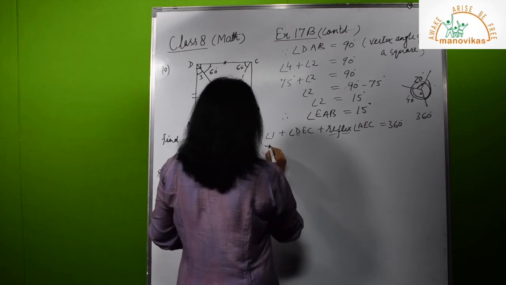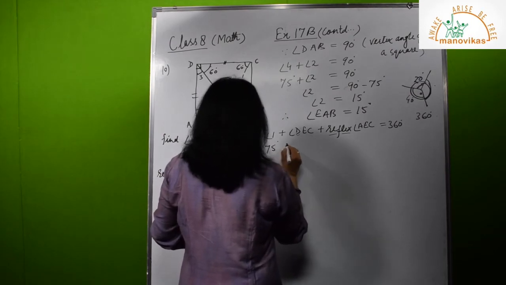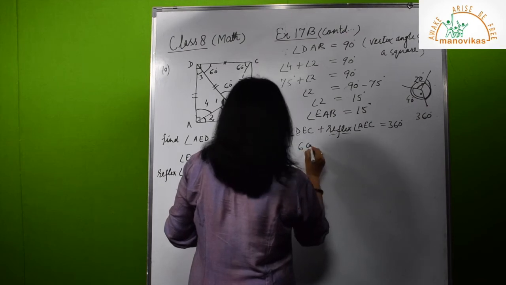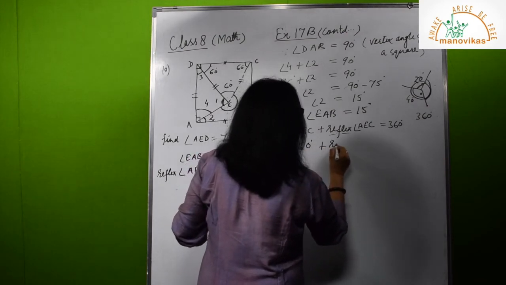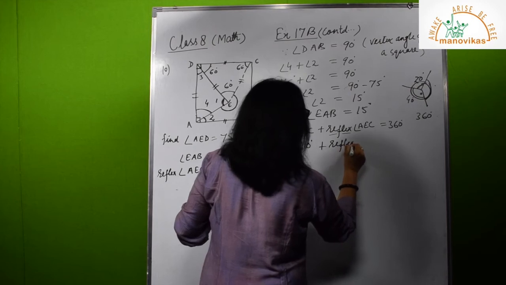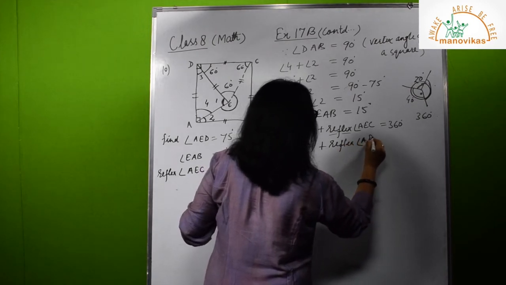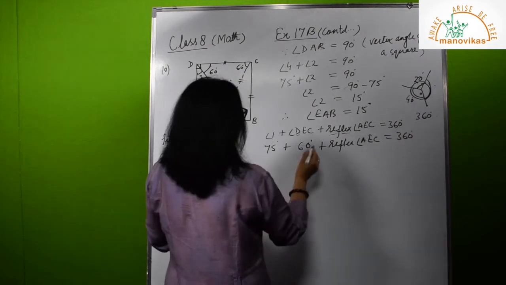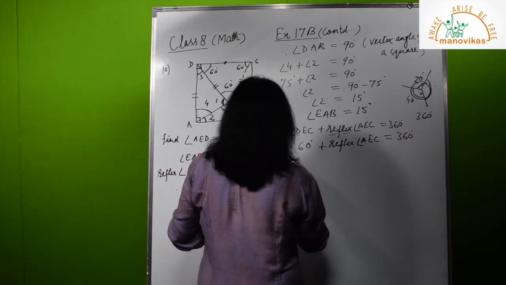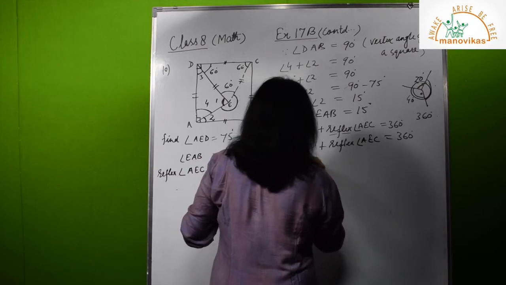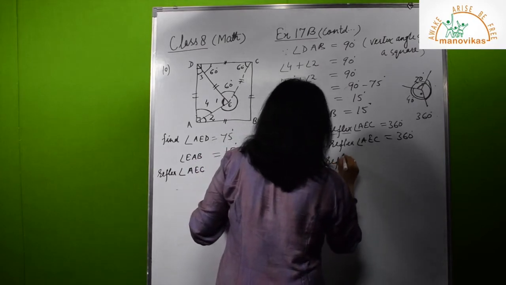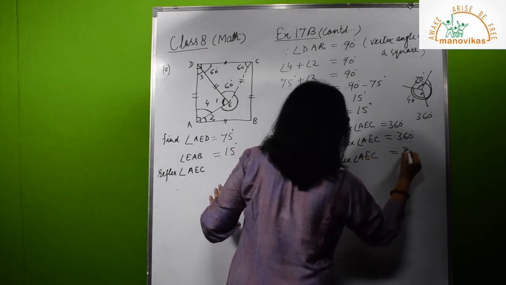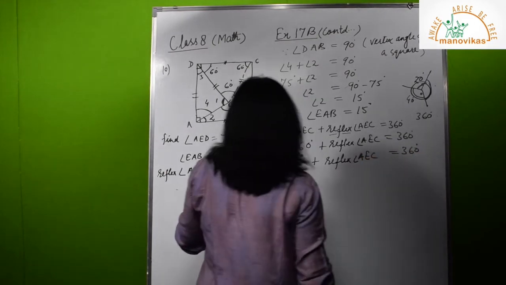Now angle 1, substitute the value 75 degrees, and DEC 60 degrees plus reflex angle AEC is 360 degrees. Now add both these: 135 degrees plus reflex angle AEC is equal to 360 degrees.